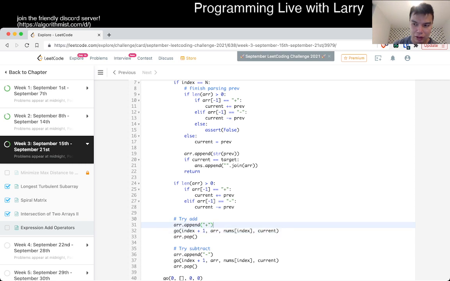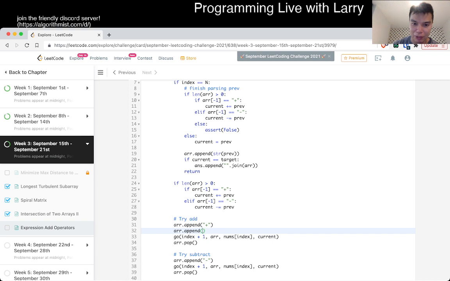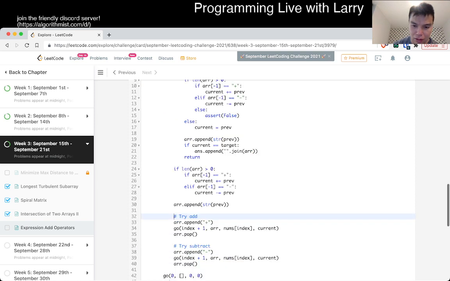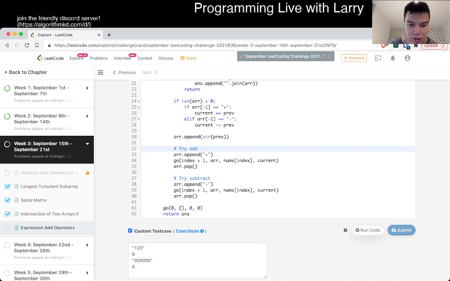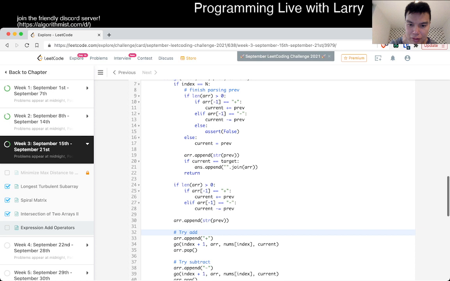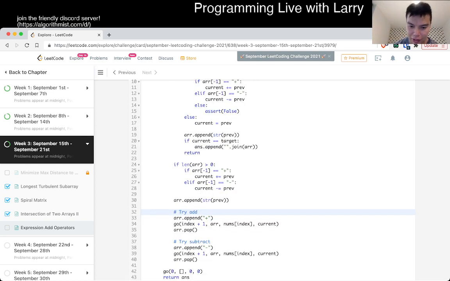So I have to append the previous first. Yeah, okay. And simply pop the other thing. Num's not in, isn't that in the, oh no, num is a thing. Okay, fine.